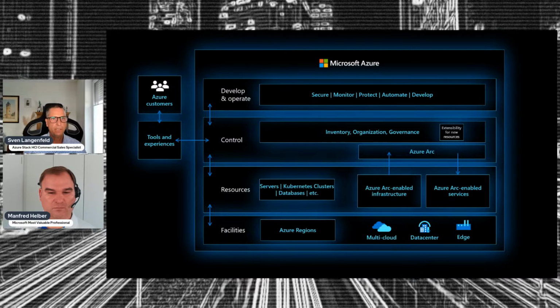You can see how secure your environment is, because you can use security features, monitoring features, and so on from Azure. But in the past, everything was linked to the Azure region, so to the Azure data centers itself. So you can deploy servers, containers, so Kubernetes clusters, databases, and so on. But everything ran in Azure data centers.